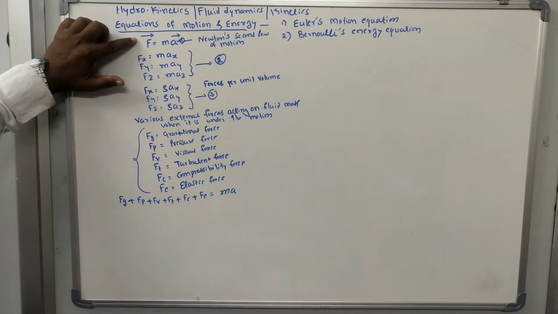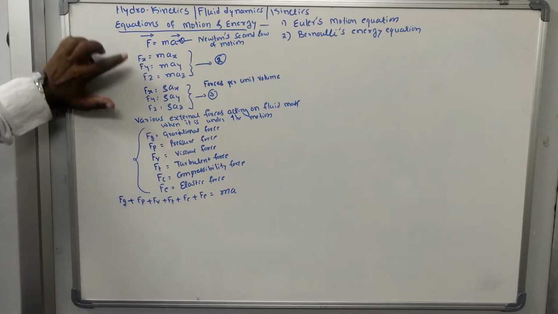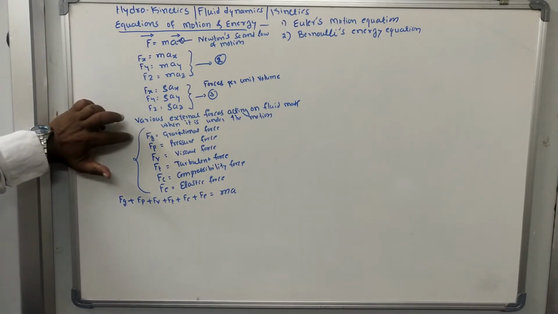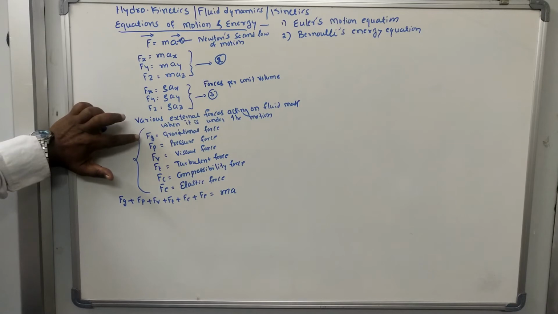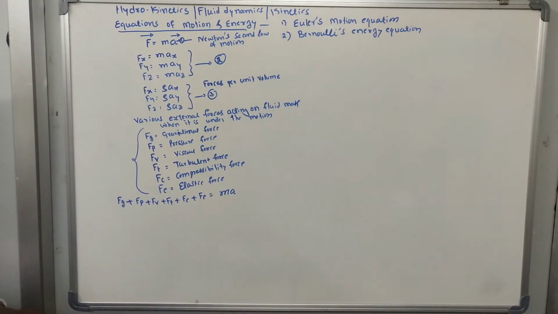It is the sum of the external forces which are acting on the fluid mass when it is under motion. The various external forces are gravitational force, pressure force, viscous force, turbulent force, compressibility and elastic forces.